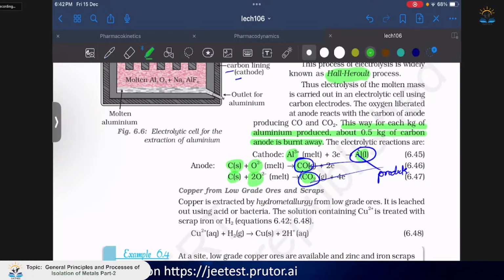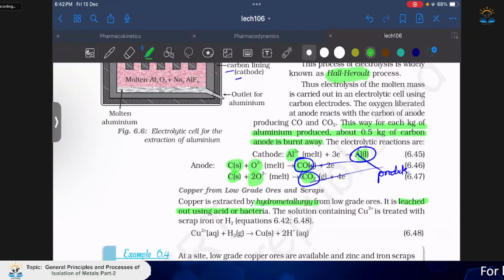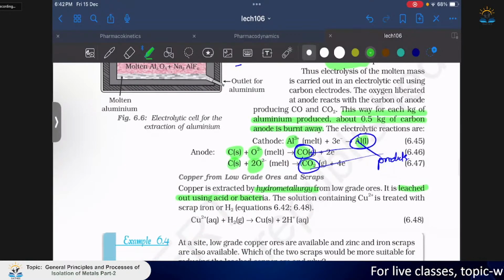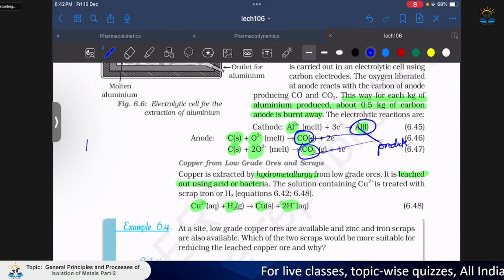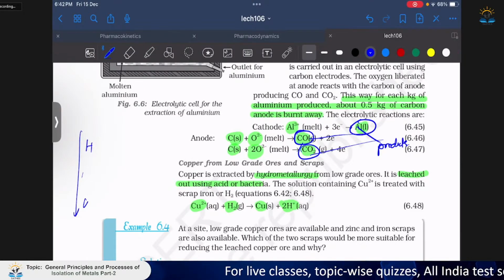Now let's do copper extraction from low grade ores and scraps. In hydrometallurgy, it is leached out using acid or bacteria. The solution containing cupric ions is treated with scrap iron or H2. Cupric ions with H2 give H plus and copper, because in the reactivity series copper comes below hydrogen.